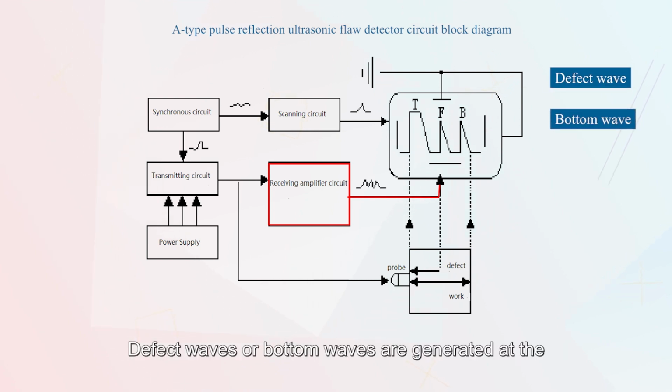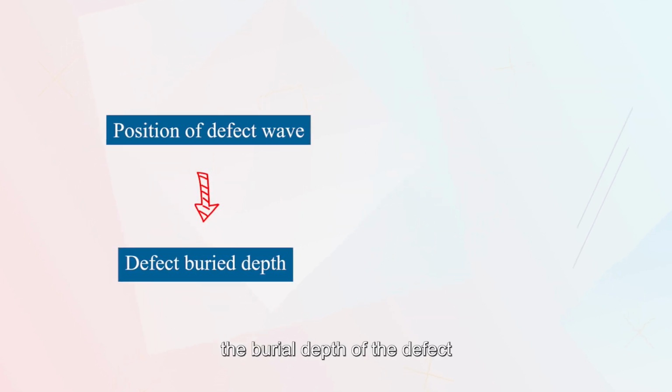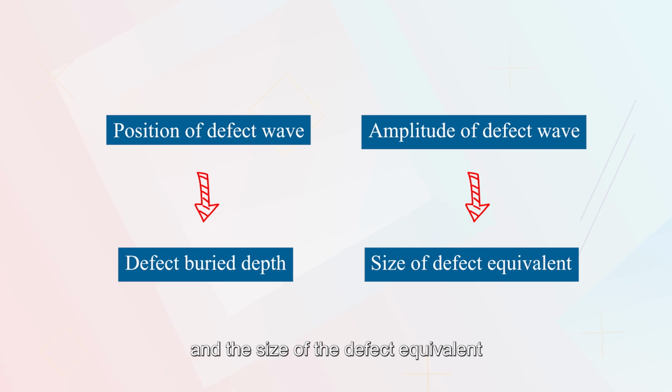Defect waves or bottom waves are generated at the corresponding positions of the horizontal scan line. Therefore, the depth of the defect can be determined according to the position of the defect wave, and the equivalent size of the defect can be estimated according to the amplitude of the defect wave.